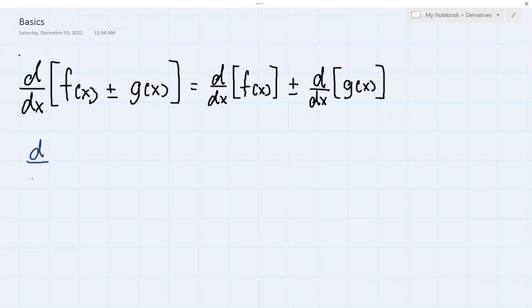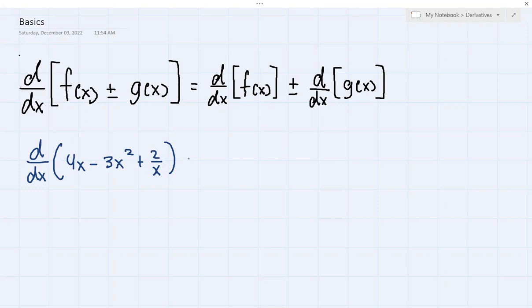We have another problem, which is the derivative of 4x minus 3x squared plus 2 all over x. Hala, paano to? Bakit parang mayroong x sa baba? Don't worry, it's just simple.